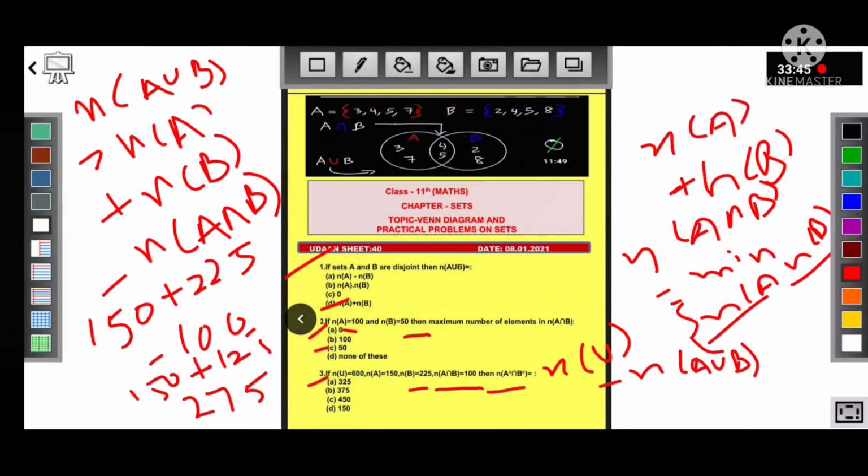Now to find this, the number of elements in the universal set is 600 minus 275, so 600 minus 275 is equal to 325.